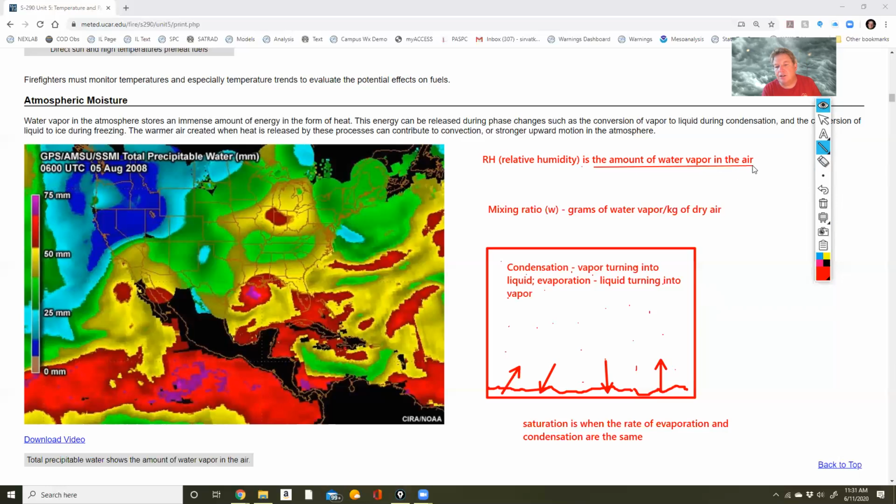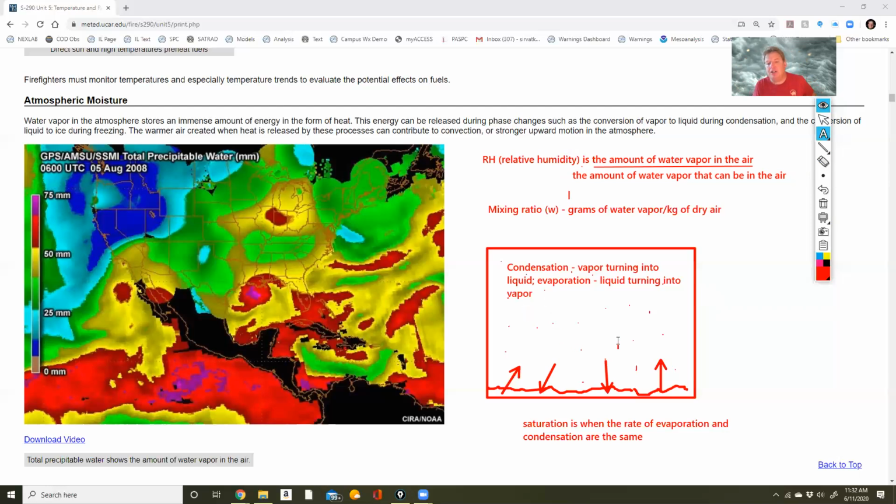This is a fraction divided by the amount of water vapor that can be in the air. So relative humidity is the amount of water vapor that's in the air divided by how much water vapor can be in the air, right?